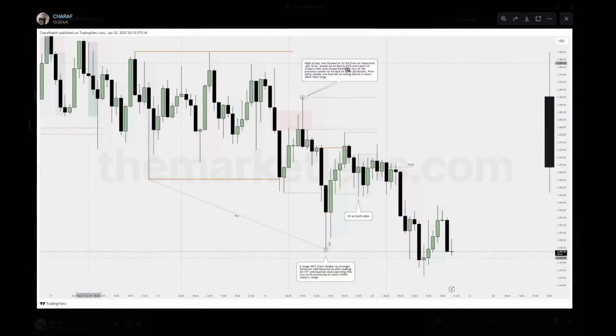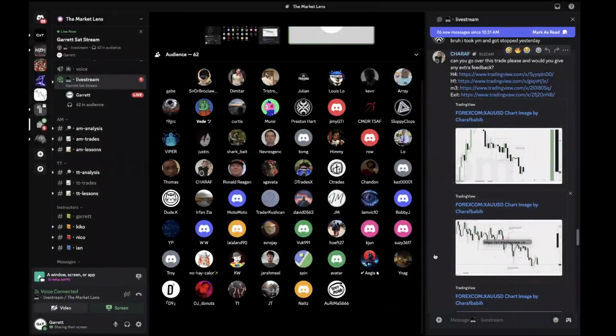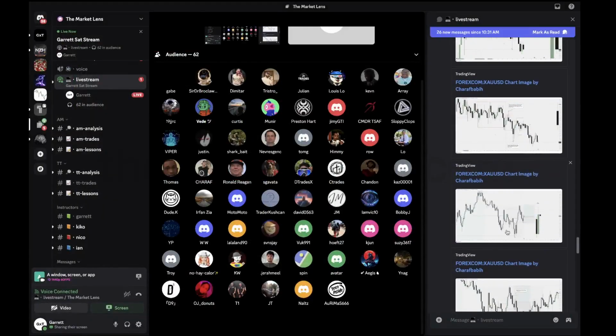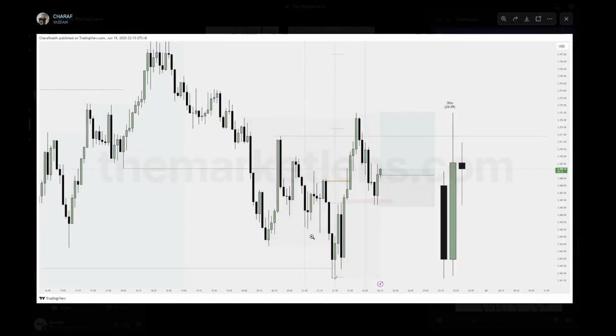High of day was formed at 2100. Important here to get. So did you sell it? I'm a little confused. Oh, you had a strength switch down here or something. So where's the daily open here? Daily open is somewhere around here. So it opens high and then low.